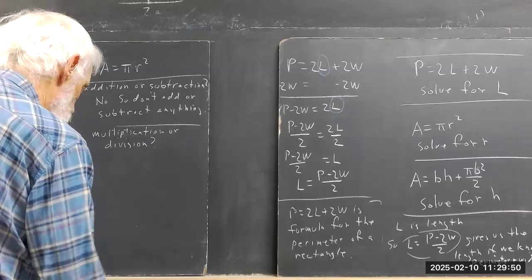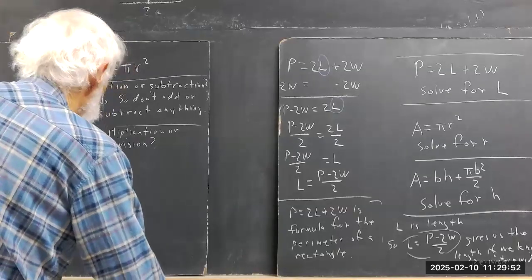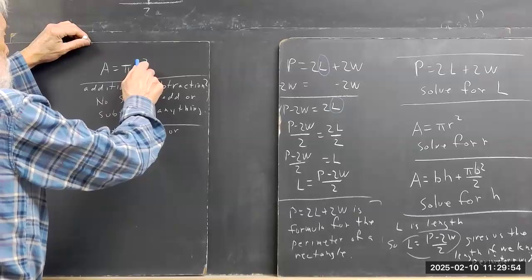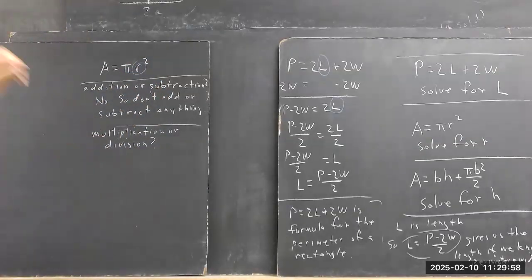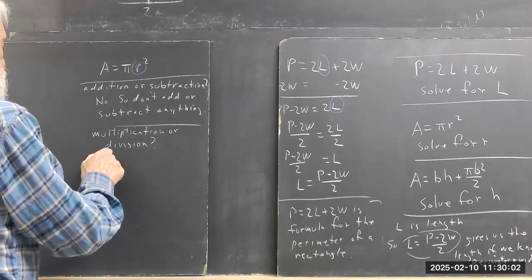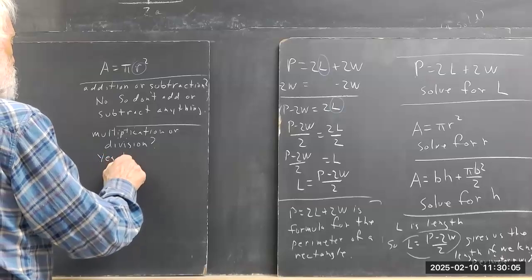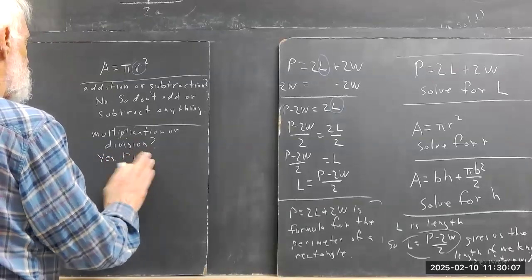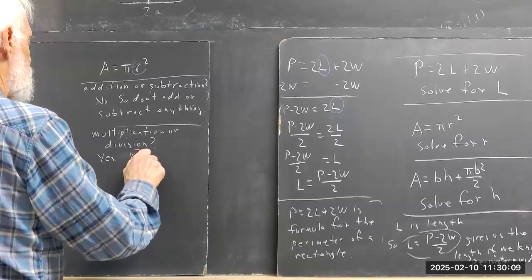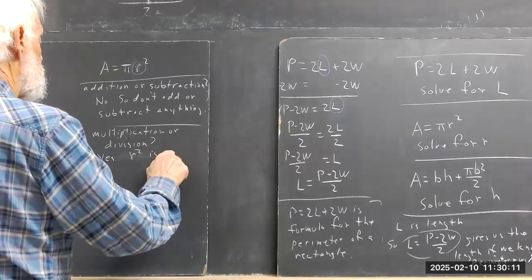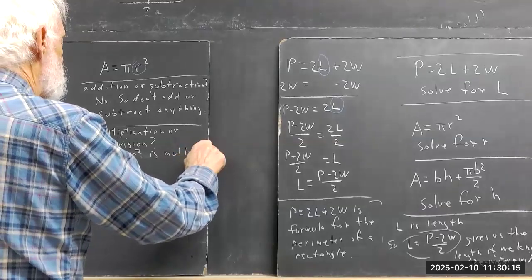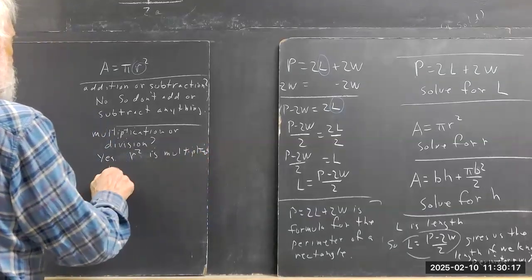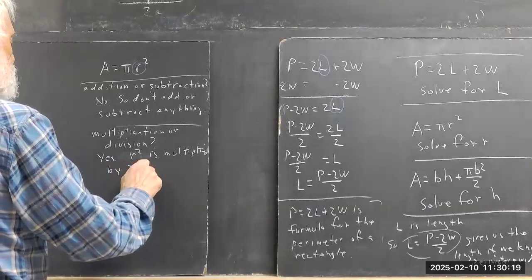again, we're trying to solve for r. So it's r that we're looking at. Is r multiplied or divided by something? It's actually r squared, which is multiplied by pi.